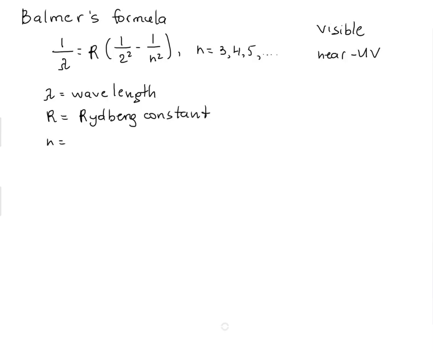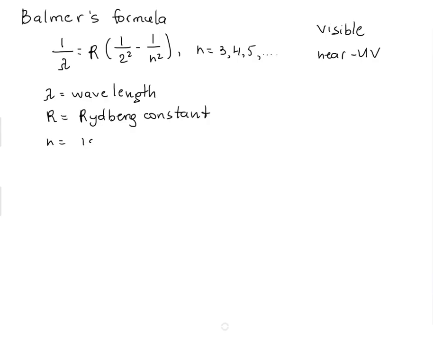So one more thing is this n is very important. As you see here, the n is an integer. So this is a hint towards quantum mechanics. Because it was way before the invention of quantum mechanics, but this was a good step towards it, because this n represents the integers 3, 4, 5, where later in quantum mechanics they say the energy is quantized.